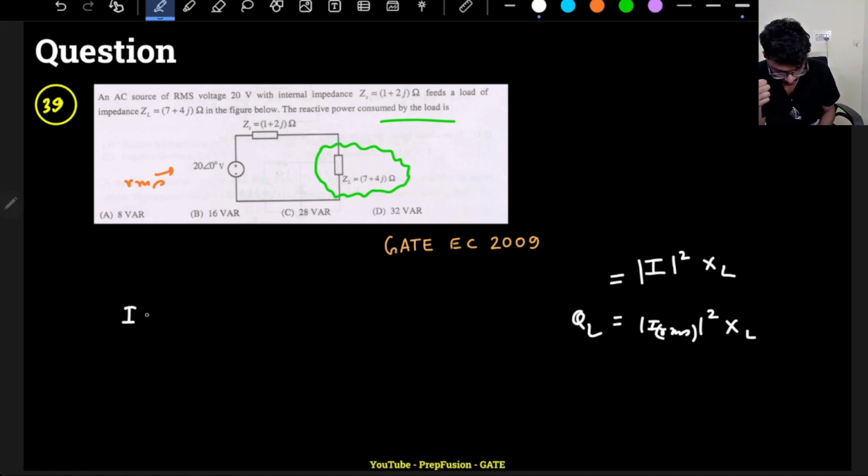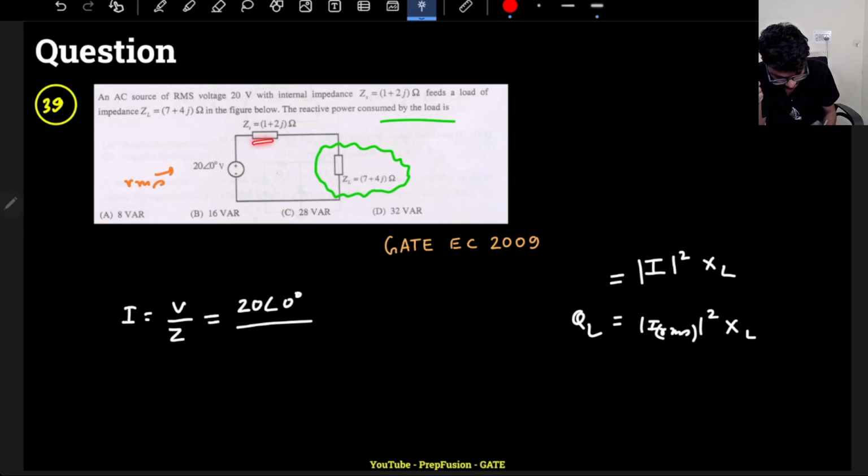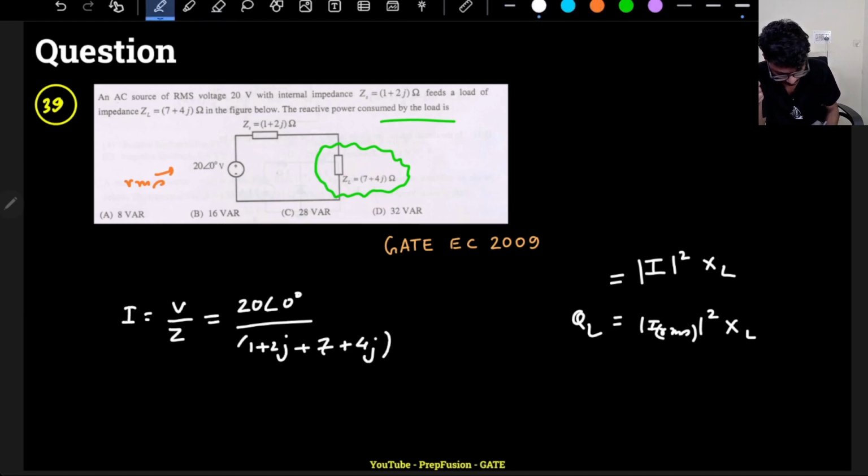How do you find I RMS? I is equal to V by Z. V is this 20 angle 0. What is the overall impedance? It is this 1 plus 2j plus 7 plus 4j, since this is a series circuit. So this will be 8 plus 6j.